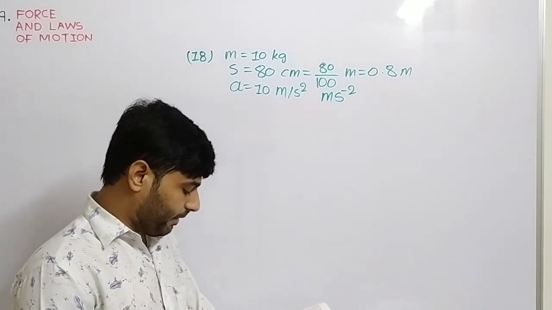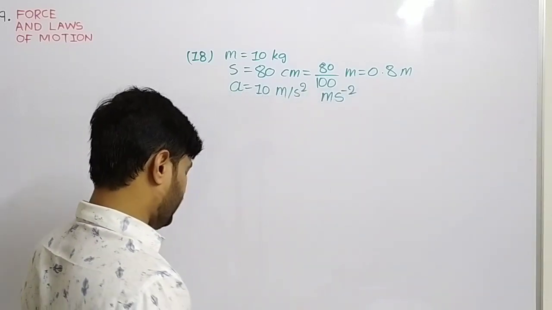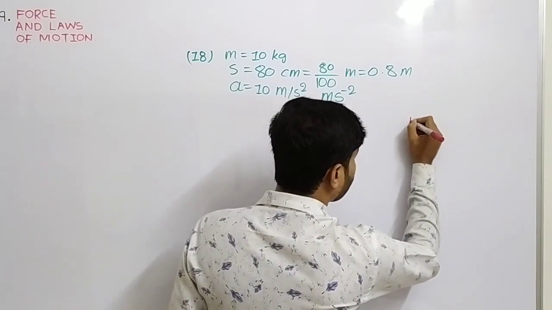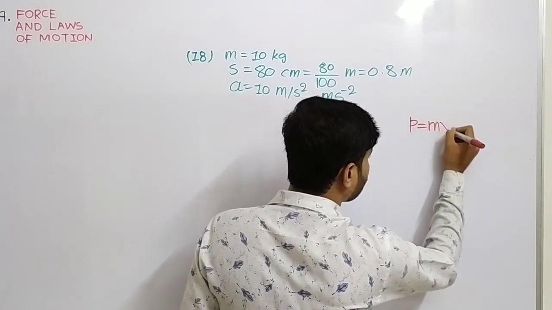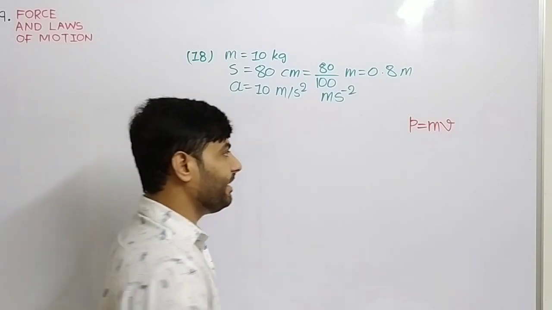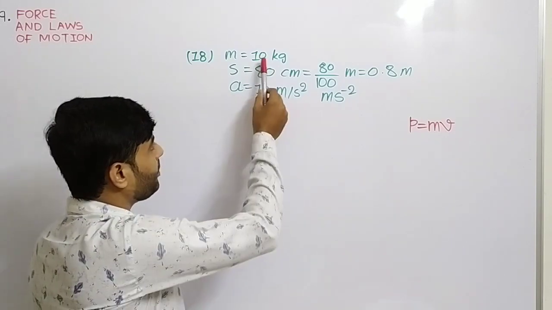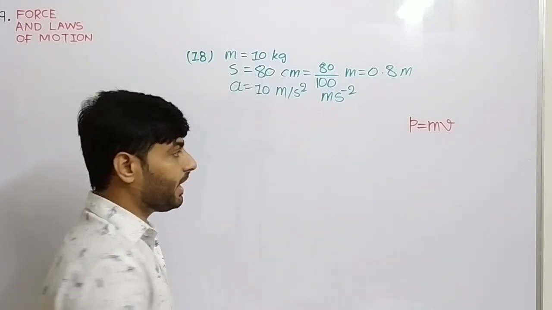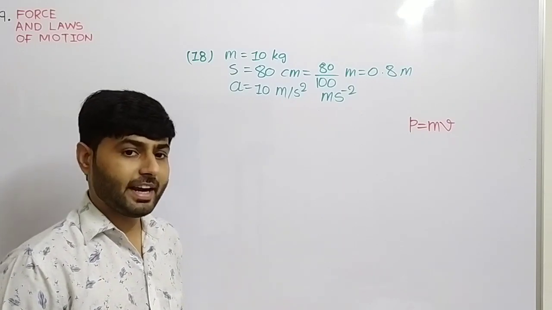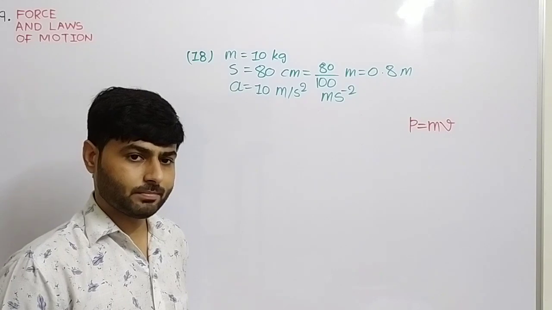Okay, we have to find momentum. For momentum, I have the formula p is equal to mv. So for momentum, I require mass and velocity. I have mass, but I don't have velocity, so first of all I have to find velocity. Remember the equations of motion?